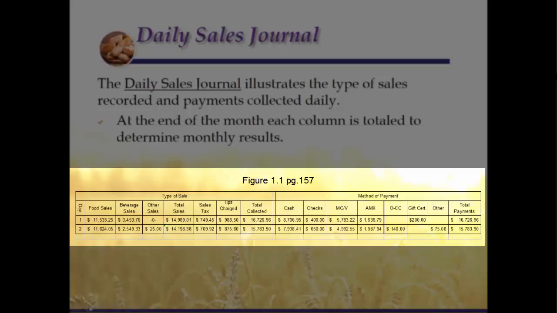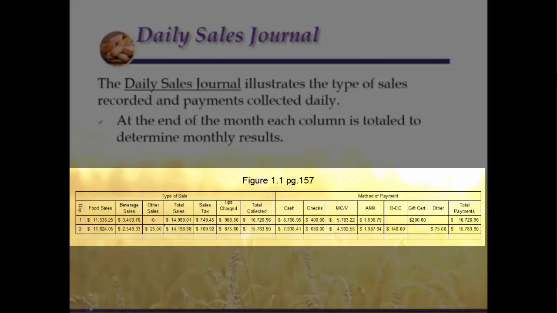We didn't have any other sales, so our total sales added up were $14,989.01. We include our sales tax, which was $749.45, and any tips charged, which was $988.50. So our total combined collection was $16,726.96.